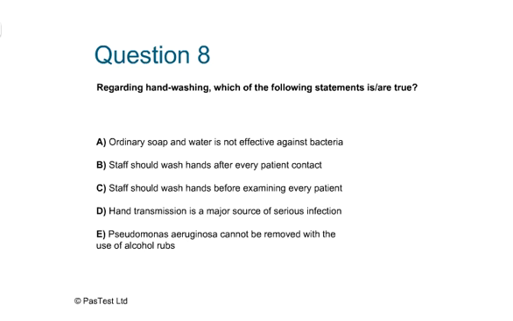Formal hand washing with soap and water is required when there is soiling. When there is none, the Hand Hygiene Liaison Group now advocates that staff should use an alcohol glycerol hand rub between patients. The answers to this question are: A is false, B is true, C is true, D is true, and E is false.